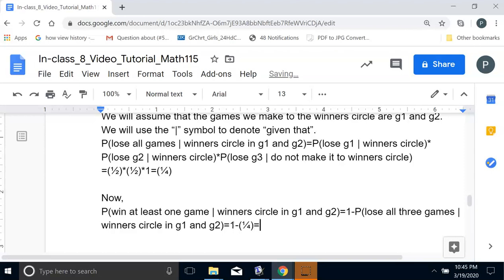And the 1 you can write as 4/4. So it'll be 4/4 minus 1/4, which is 3/4. So the probability that we win at least one game, given that we got to the winner circle in 2 of the games, is 3/4. So pretty much a 75% chance. Okay, so we're done.